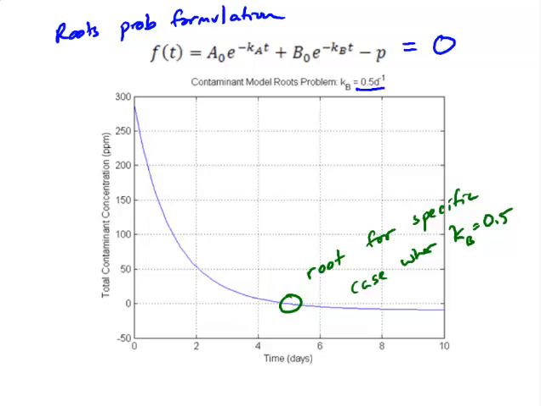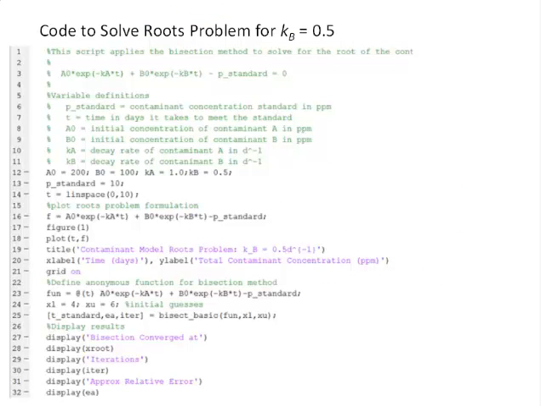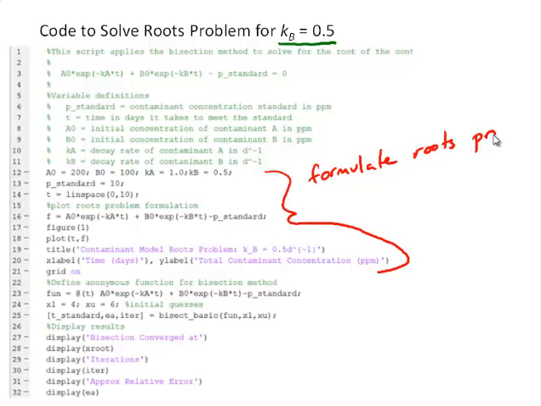So first let's look at this single application of the bisection method to solve this roots problem, again just for the case where KB equals 0.5. This first section of code just formulates the roots problem and generates the figure that we were just looking at.